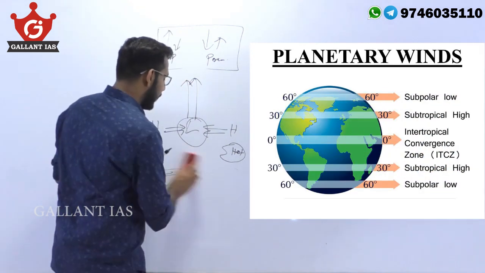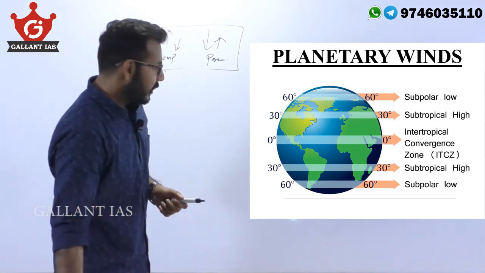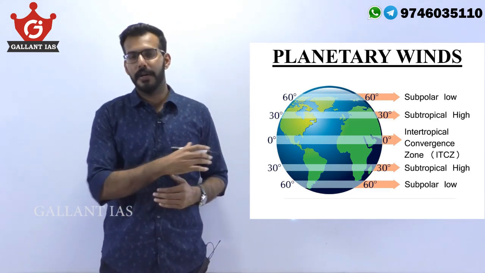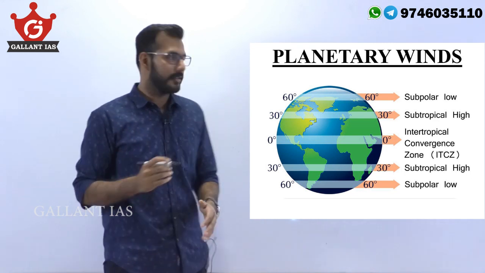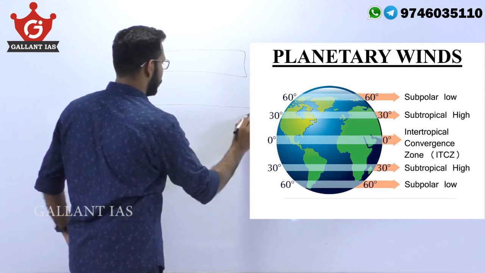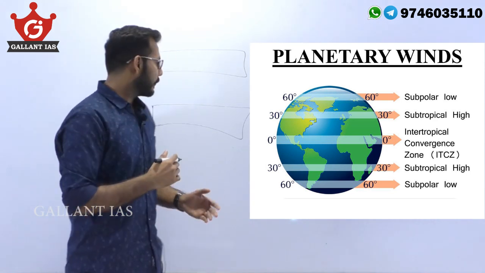Now that we have the basics, we'll move to the question of what planetary winds are. Planetary winds are the permanent flow of air between pressure belts. You have two pressure belts here, and the wind is moving between them. That is planetary winds. These are more or less permanent.